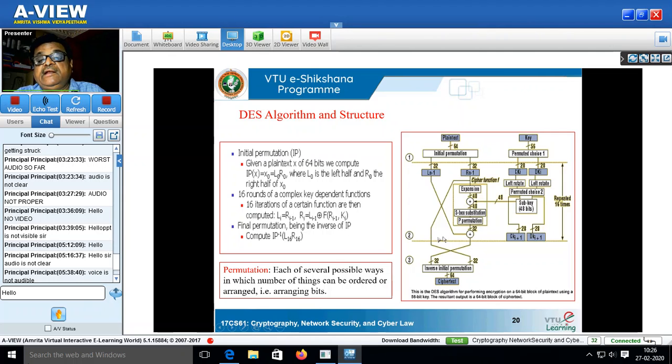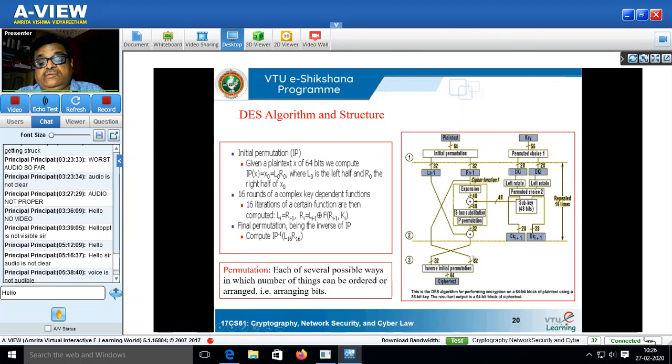Then in the output we have 64 bits. The first 32 bits are unchanged, and the new 32 bits have undergone change.